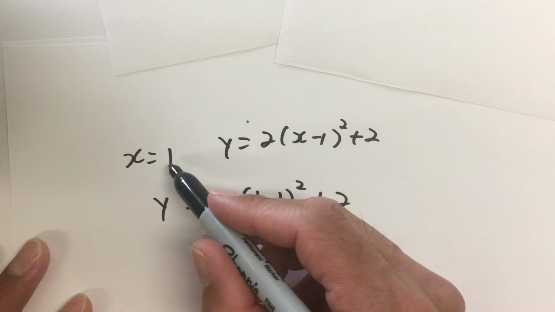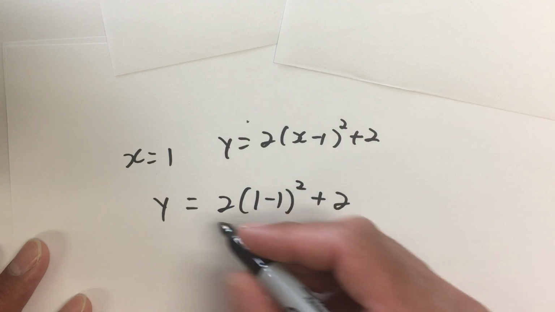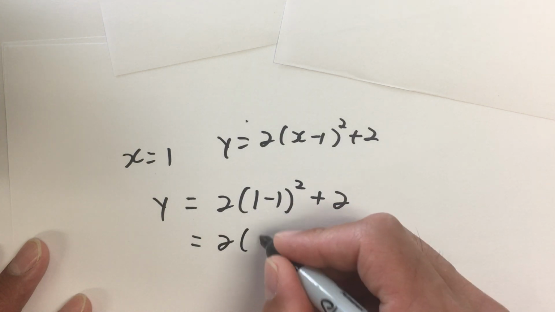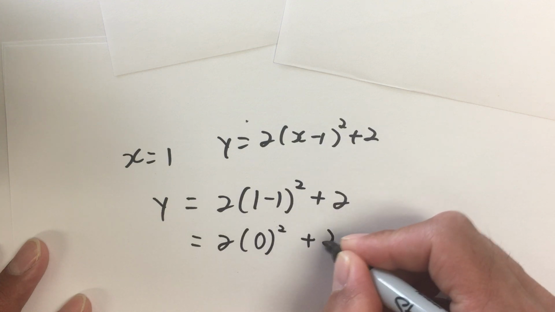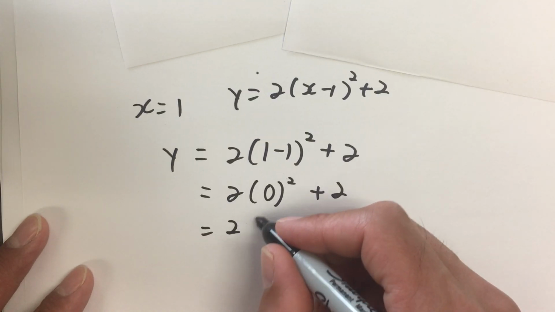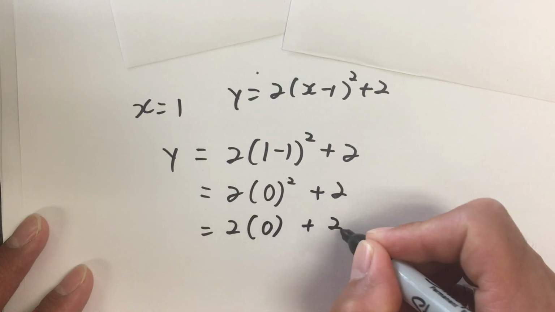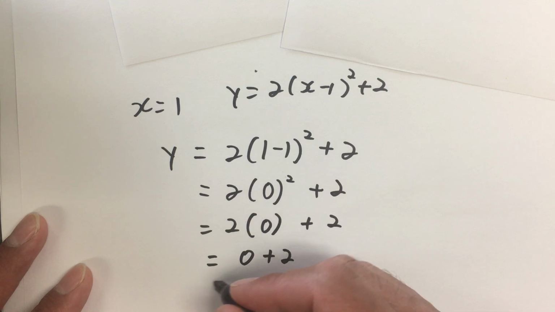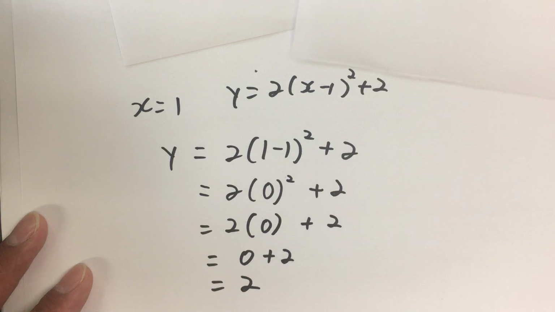So I put a positive 1 in place of x. That's what I have here. That becomes a 0. 1 minus 1 is 0. So I've got 2 times 0 squared plus 2. 0 squared is 0, so that's 2 times 0 plus 2. And 0 times 2 is 0, so that's 0 plus 2. That gives me a 2.